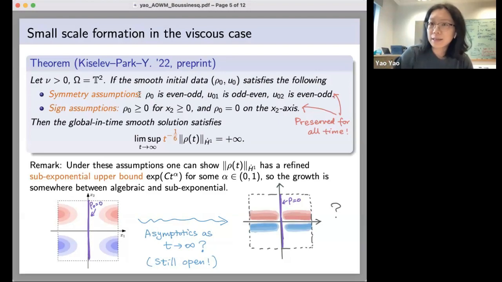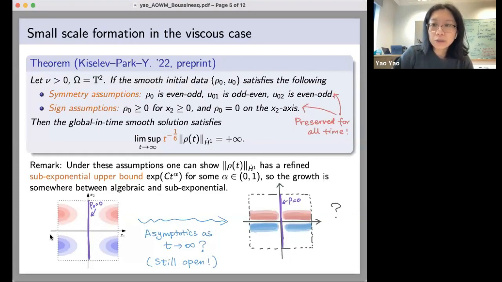So our assumption is as follows. We assume that both the density and the initial velocity satisfy some symmetry condition. In terms of the density, we assume that it is even in x1 and odd in x2. For illustration, it can look like this.